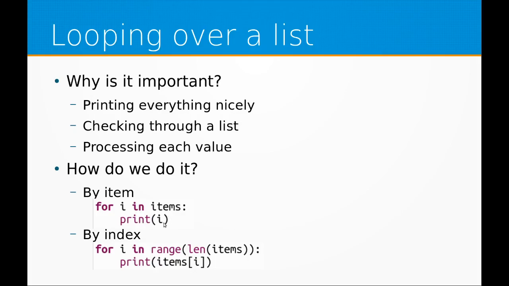This one looks a lot neater. However, if you want the index whilst you're doing this, then this way has got all the information. So you could say print item i is, and then that would print out item 0 is lunch, item 1 is snacks, item 2 is dessert.